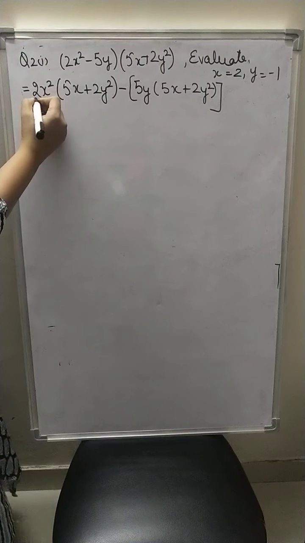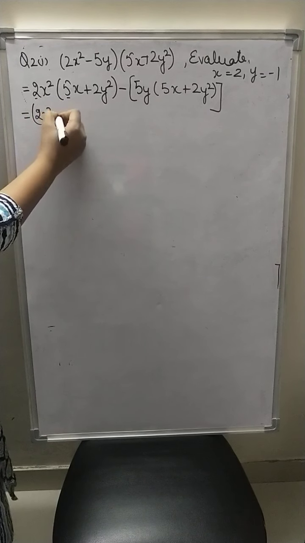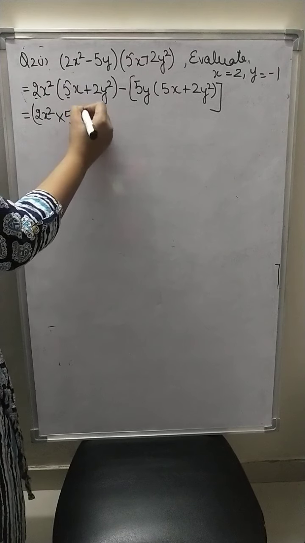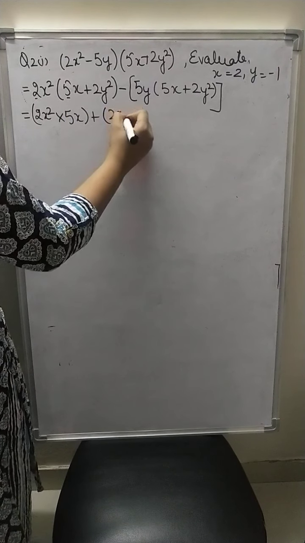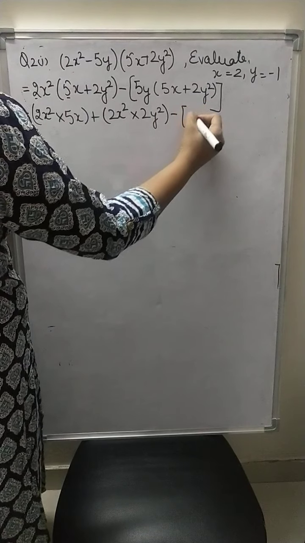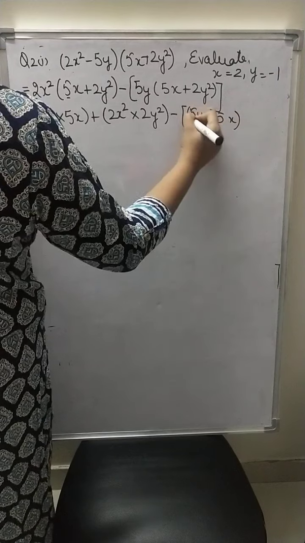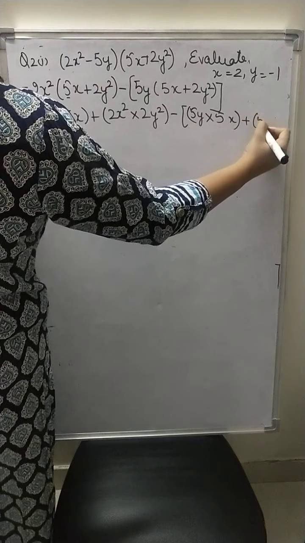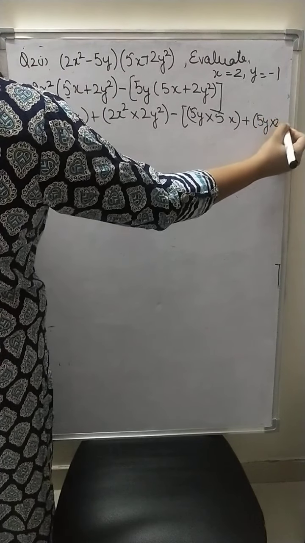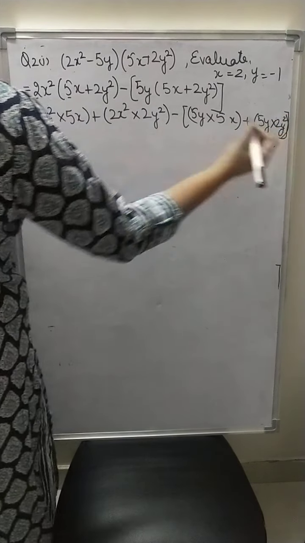Now this is equal to 2x square into 5x plus 2x square into 2y square minus 5y into 5x plus 5y into 2y square. So square bracket is also closed here.